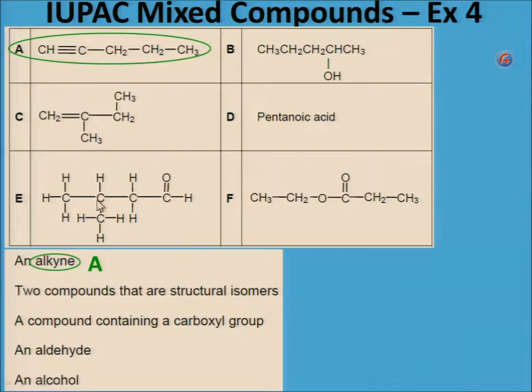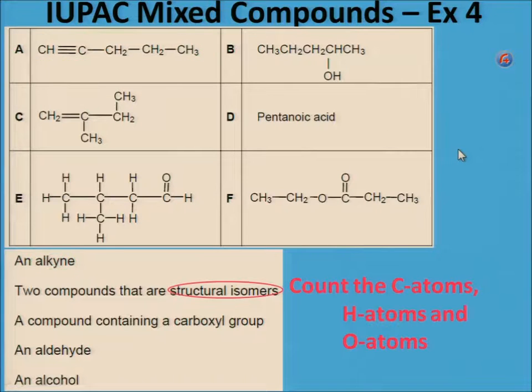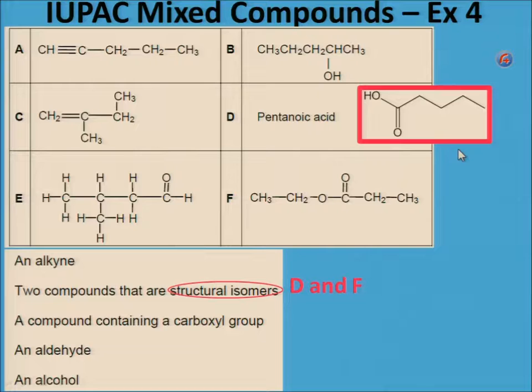E's got 1, 2, 3, 4, 5 carbons and 1 oxygen. And then pentanoic acid you have to draw for yourself. And there you have it, pentanoic acid. Let's count. 1, 2, 3, 4, 5 carbons with 2 oxygens and a hydrogen.